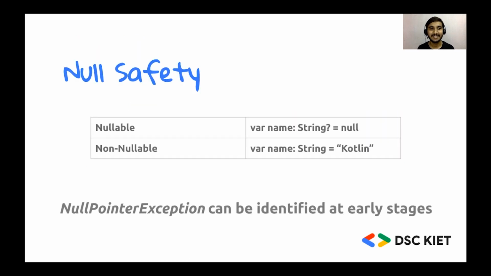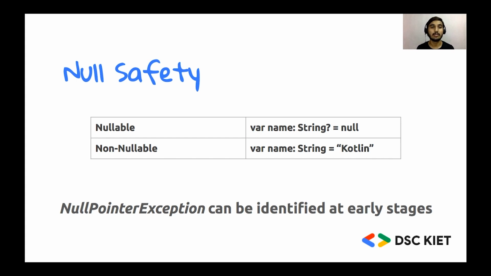Null safety, as I was talking about, is the $1 billion mistake, and Kotlin does not allow a variable to be nullable directly. Here for the nullable example, I'm saying var name of type String, and I'm putting a question mark symbol, which says that it could be null, and we can assign null in future also, because I'm referring to it as var, which is a variable that can be reassigned in future.